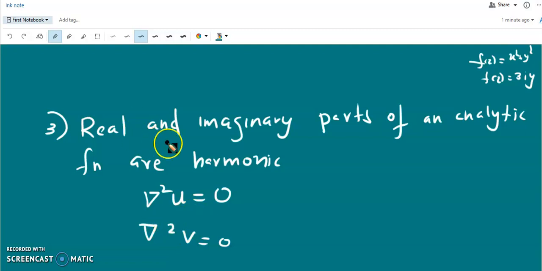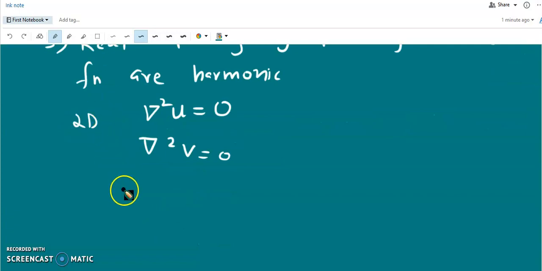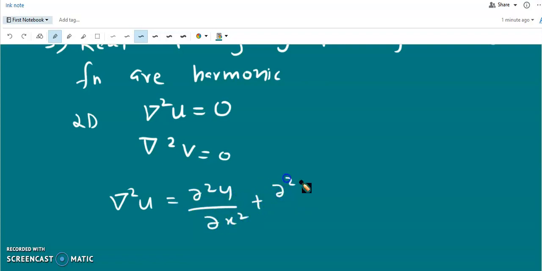So this is a 2-dimensional Laplacian. That is, del square u is dou square u by dou x square plus dou square u by dou y square. So we have to prove that this is equal to 0 so that the function is harmonic, so that the real part of the analytic function is harmonic.